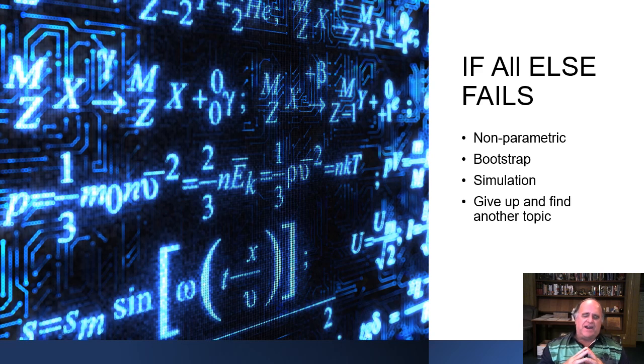I think Field argues there are alternative statistics you can use, or you can use bootstrap, and bootstrap gets around some of the problems if we violate assumptions. You can, of course, move to use of non-parametric statistics. You can just try to do simulations, not collect real data because real data is messy. Or, of course, you can give up and find another topic to work on. That's probably the last alternative.